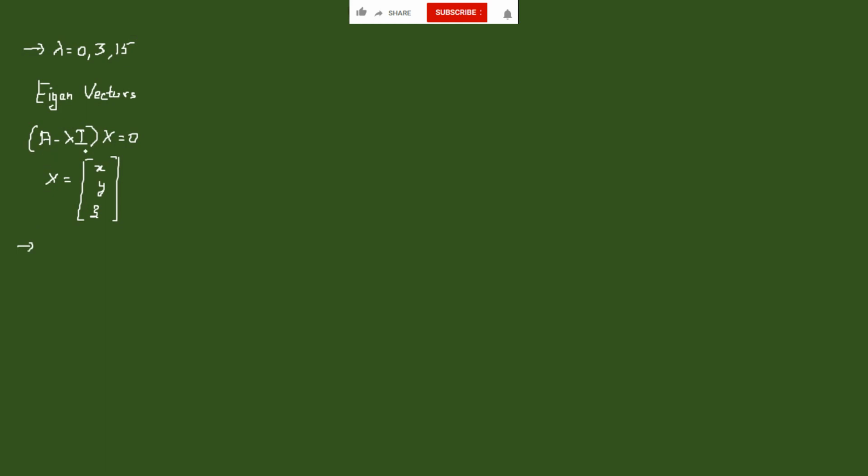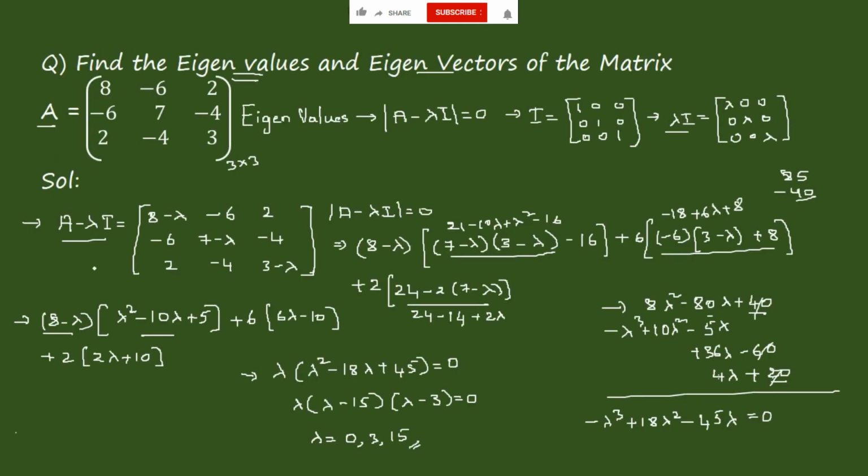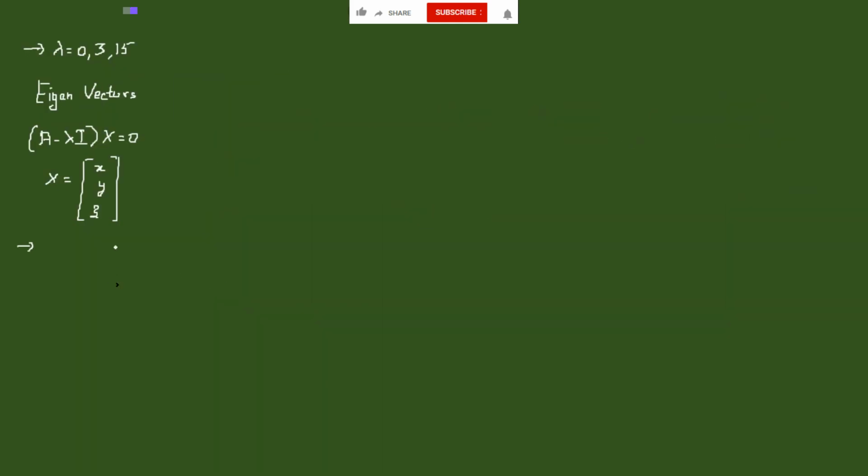So here A minus lambda I, we already know it, right? We just substituted it. A minus lambda I is nothing but this particular value. So it becomes 8 minus lambda, minus 6, 2; minus 6, 7 minus lambda, minus 4; 2, minus 4, 3 minus lambda.